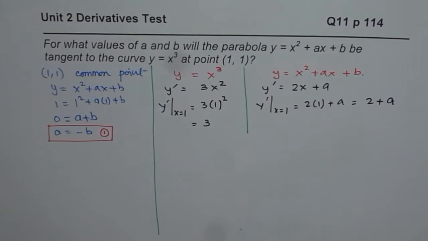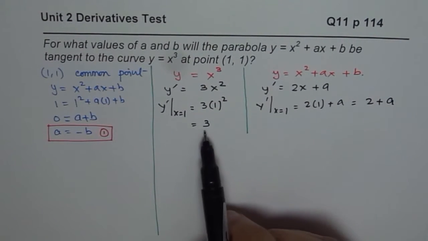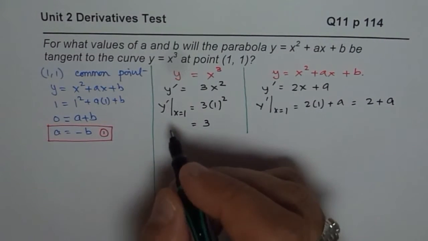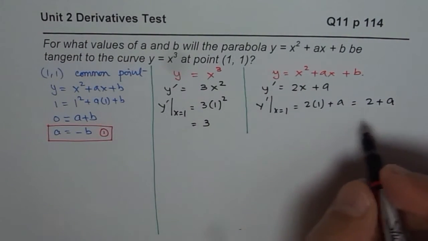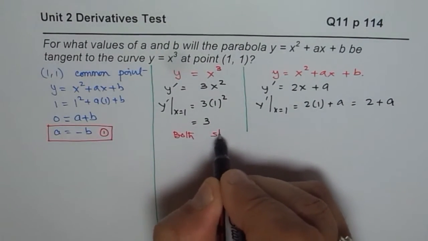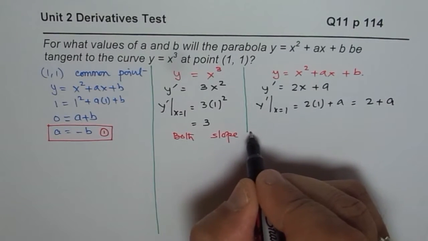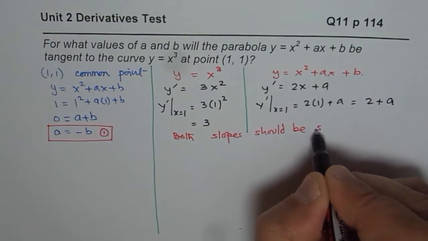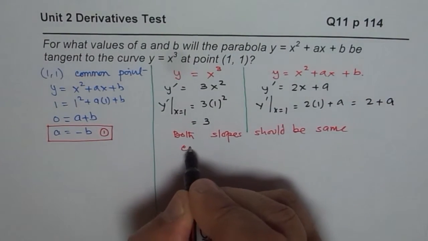That is the derivative at x equals 1. Now these two derivatives should be the same. Why? Because it's a common tangent, so the slopes should be same.